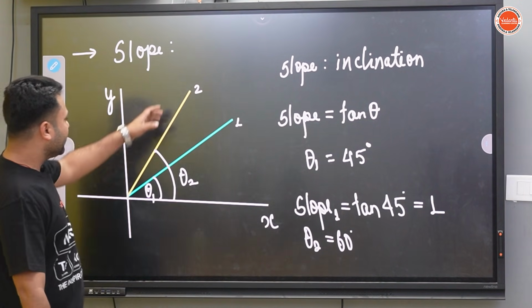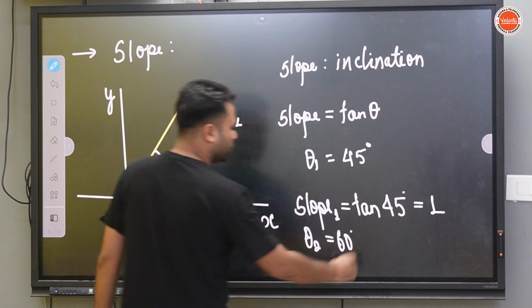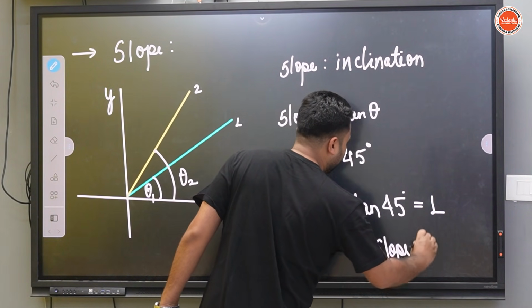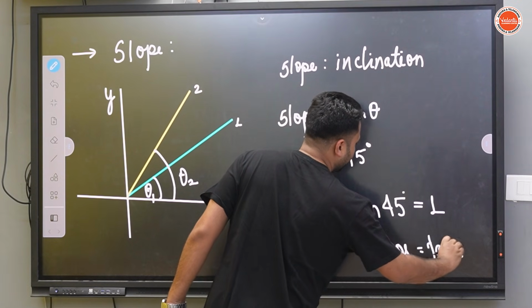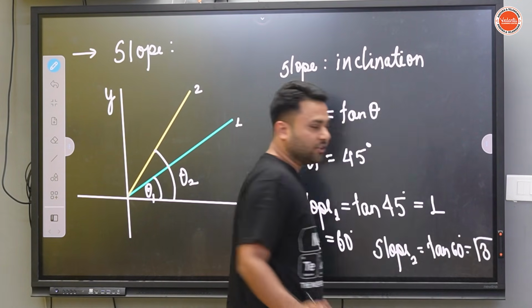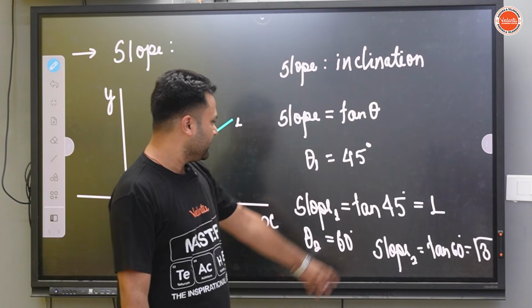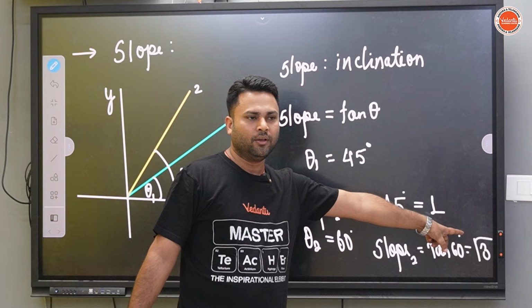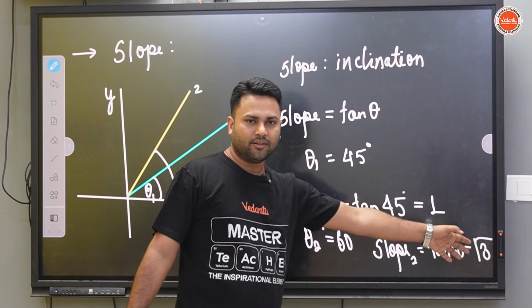So if someone asks what is the slope of line 2, slope of line 2 will be tan theta 2, which means tan 60 degree. And what is tan 60 degree? Root 3. What is root 3? 1.7. See, slope of this line is 1, slope of this line is 1.7. So slope is increasing now.